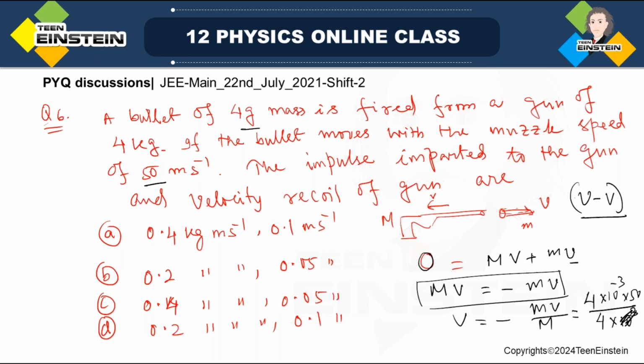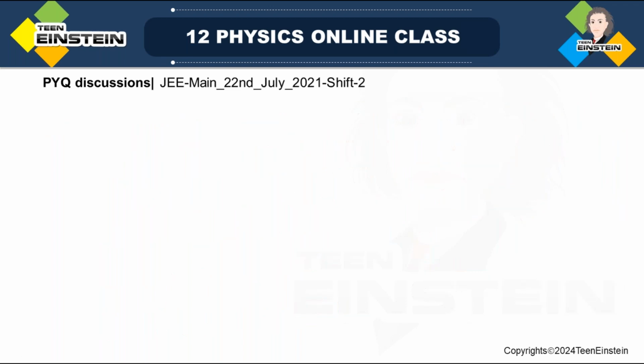From here we will get the velocity of recoil. So what is the velocity of recoil of the gun? That is 5 into 10 to the power minus 2 meter per second, that means 0.05 meter per second. Then what will be the impulse?